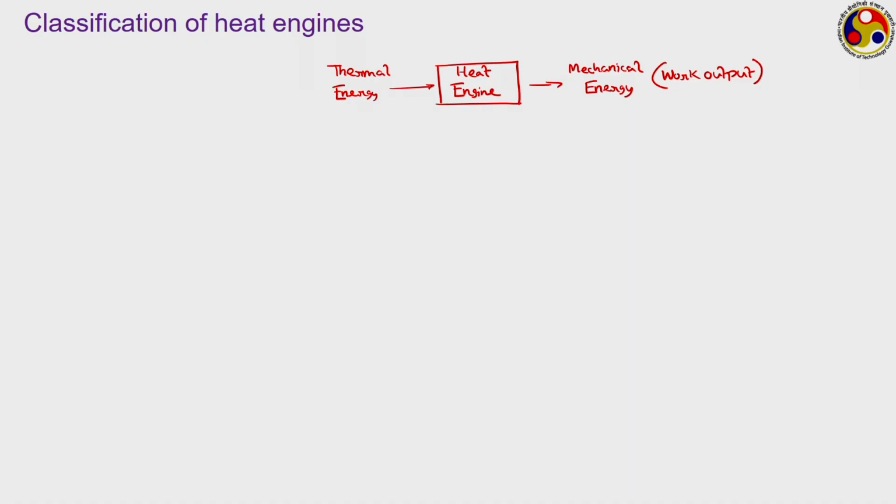Therefore, we have to produce thermal energy from some other source, and the most common source for that is burning some kind of fuel, commonly a hydrocarbon fuel, but it can be some other kind of fuel also, or to be more general, we can say some kind of exothermic oxidation reaction. So, what we do is, we have some kind of device where we supply a fuel and we supply some kind of oxidizer.